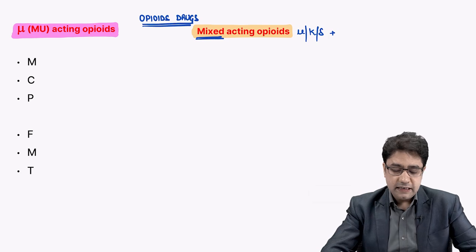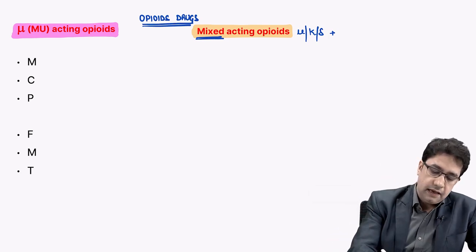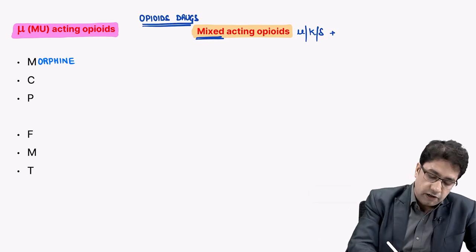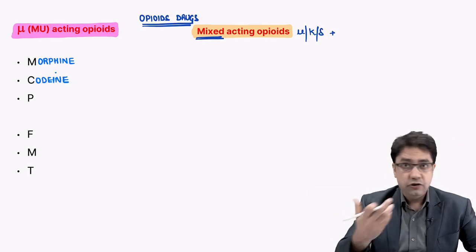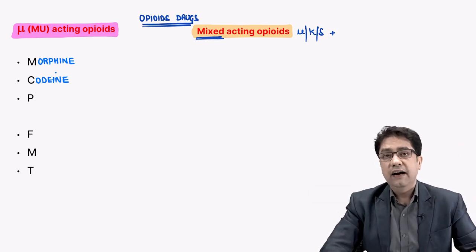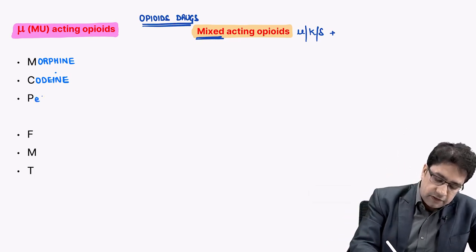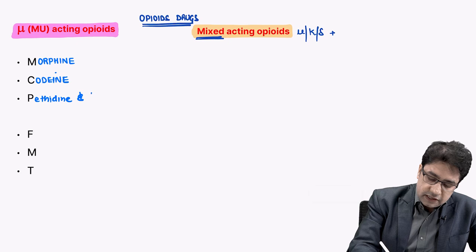The mnemonic is MCP, FMT. M is for a very famous drug which we are going to discuss in great detail, morphine. The brother of morphine is codeine. These two drugs are natural drugs. But now we have synthetic opioids as well. In synthetic opioids, we can remember pethidine and propoxyphene.